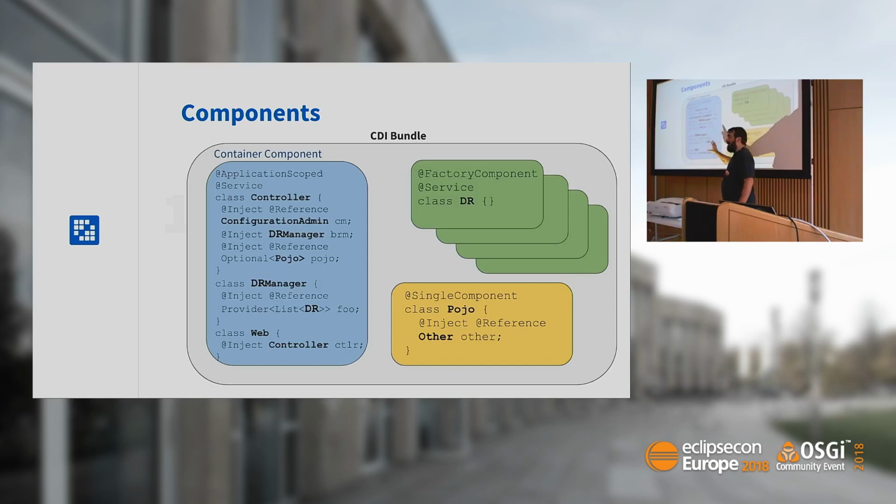So when you did that, you'd have, let's say, 2 component classes inside of your CDI bundle. That's perfectly valid. And then it looks exactly like DS. But if you were to look at the internal structure of the CDI bundle and the CDI container inside, it would always be doing some work here to control some central state, and then the components live on top of that central state, which is the container component.